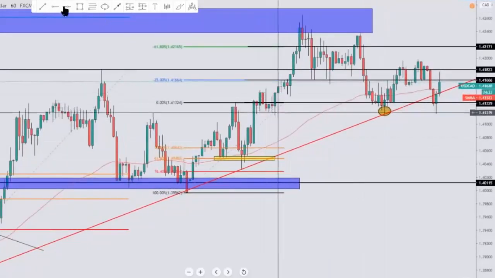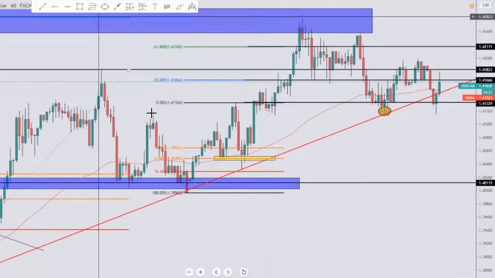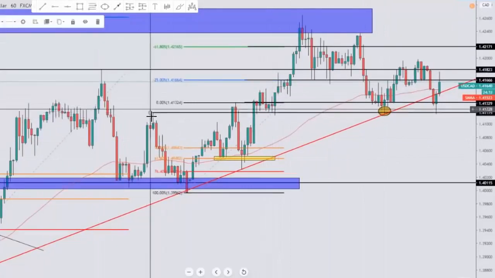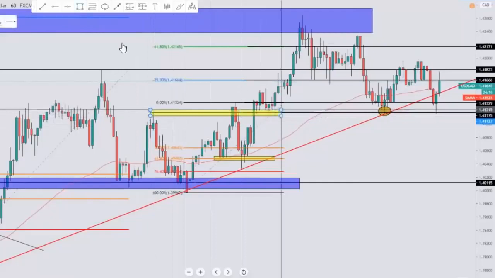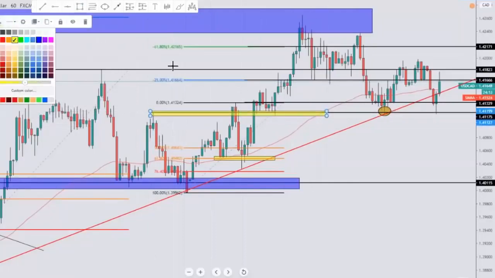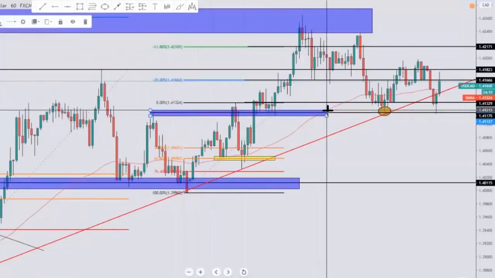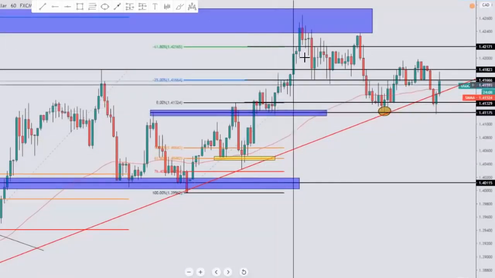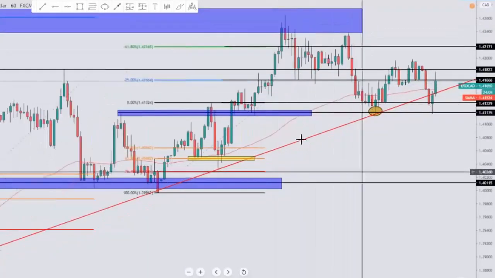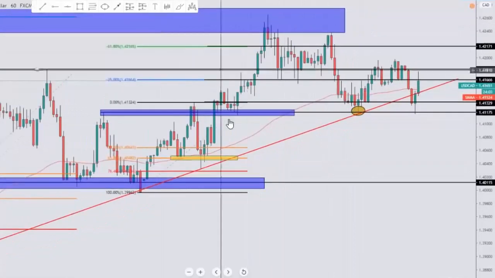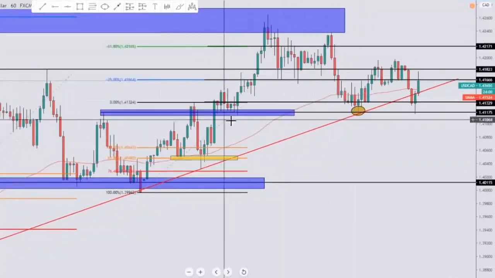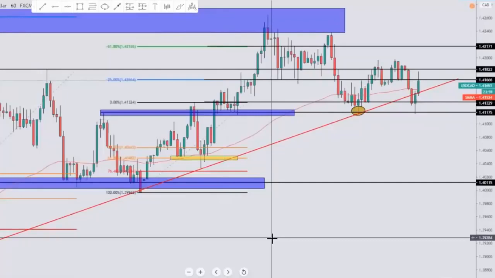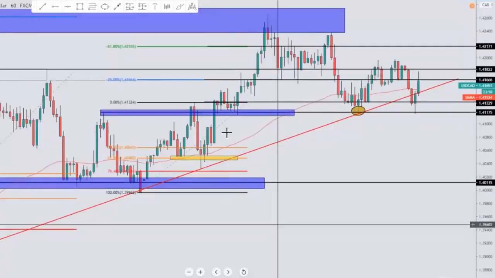We could say that price was retesting this previous high. So we had a super small retest, but then we had a continuation of the upside. Therefore, I would put my stop just under these wicks right here.